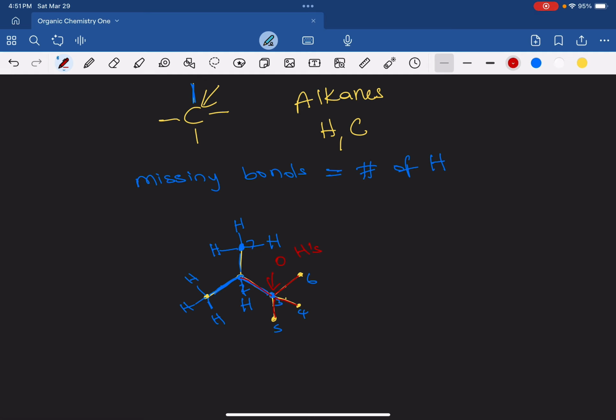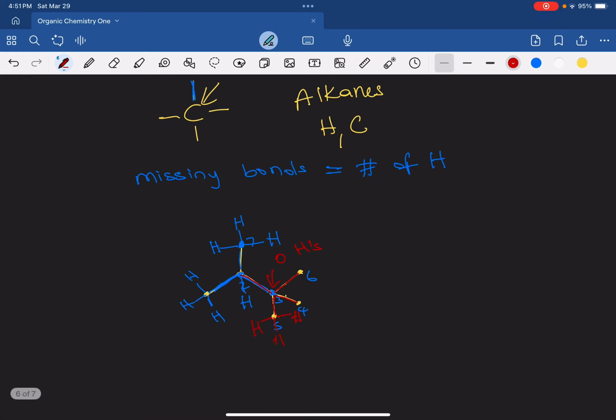There's nothing missing. I'm going to do one last one. Carbon 5, you see the one bond that 5 has, which means there are three missing bonds, which are your three hydrogens. So this carbon, as we established, only has one hydrogen.